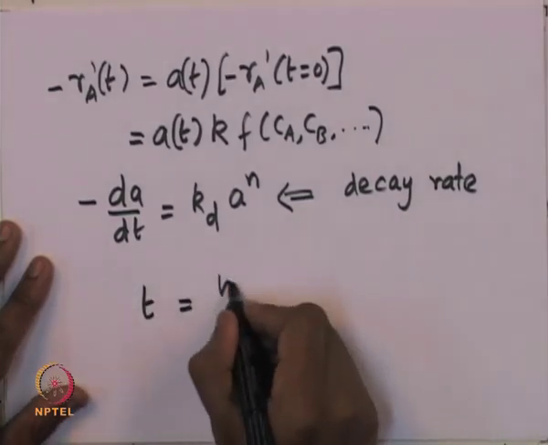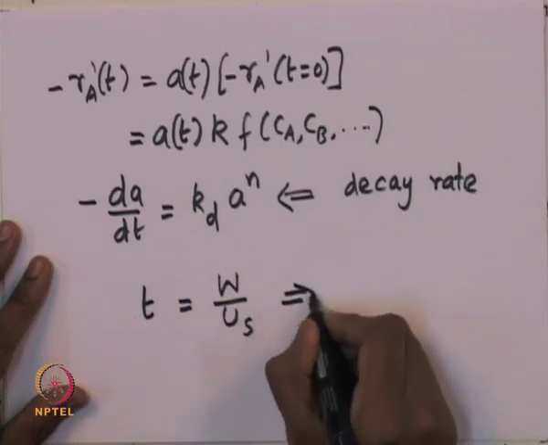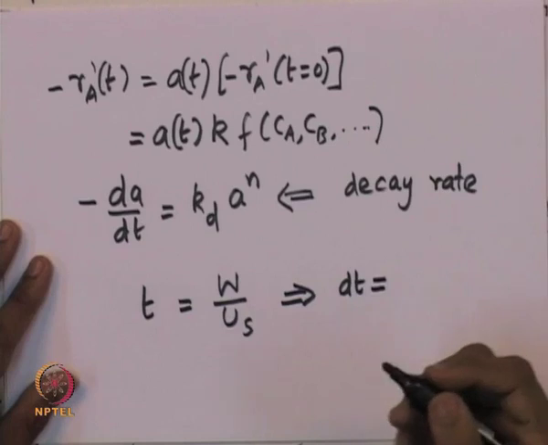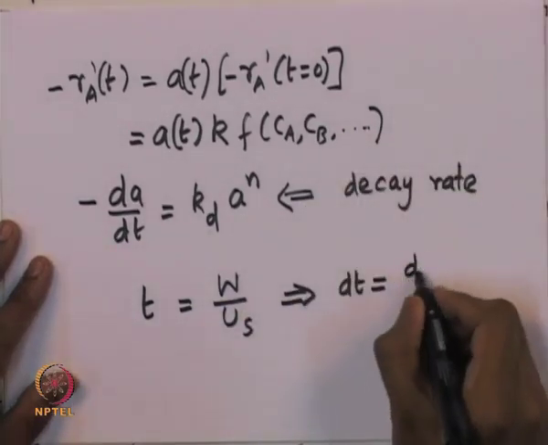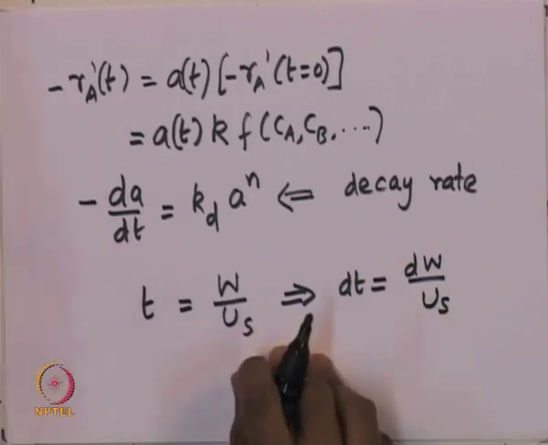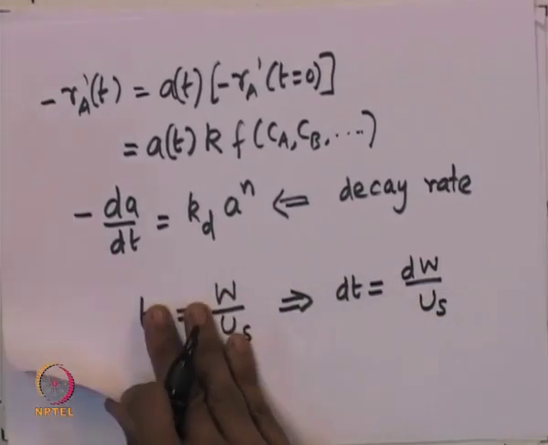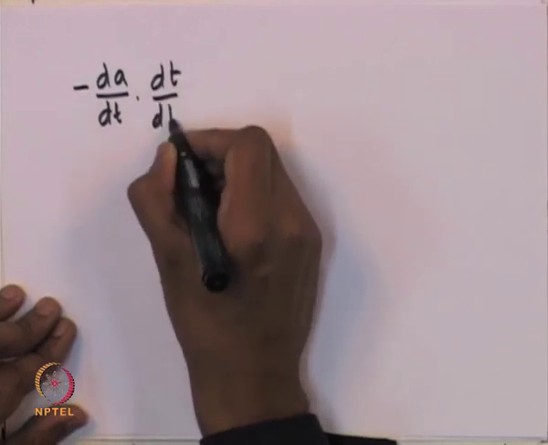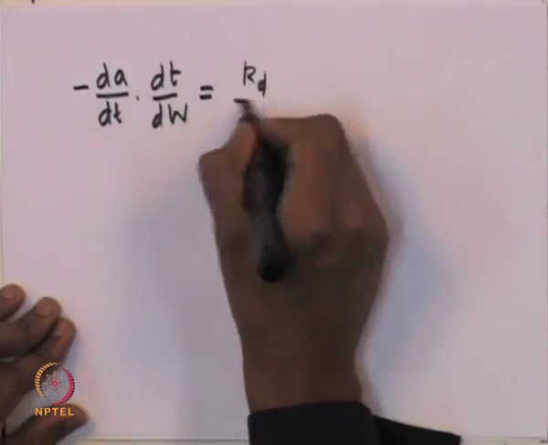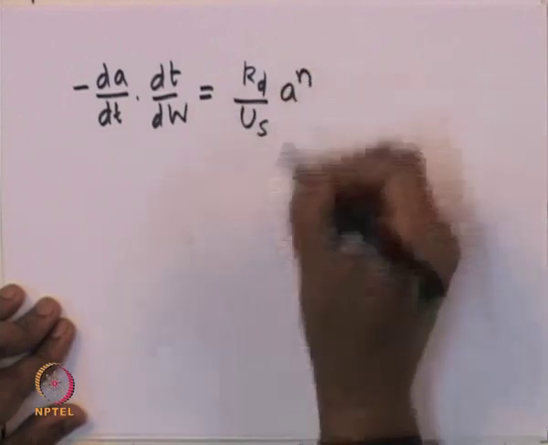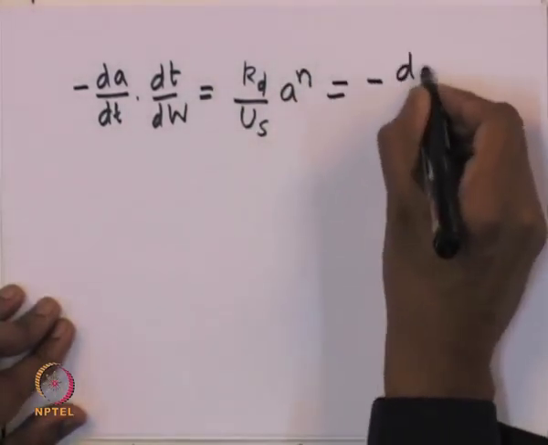The contact time of the catalyst t is given by W/Us, and from here we can estimate that at a differential time the amount of catalyst that enters the reactor is given by dW/Us. So, we can now rewrite the mole balance in terms of the catalyst entering the reactor and also the decay rate law, which is now given by da/dt times dt/dW equal to kd/Us times a to the power of n, and that is nothing but da/dW.